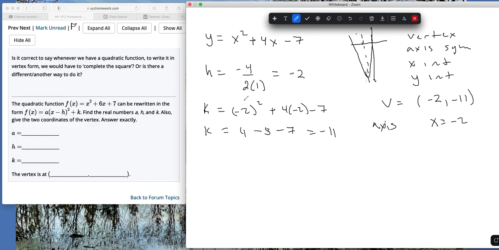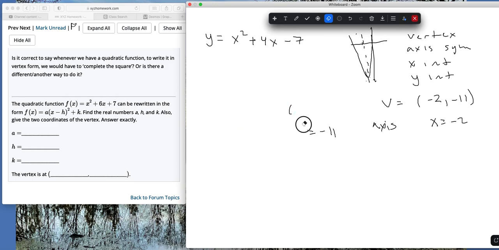And then for the x-intercepts, we're going to need to do the quadratic formula. If it factors, that's great, but they often don't factor, and most of the time they don't. This one doesn't, so let me show you how to do that.